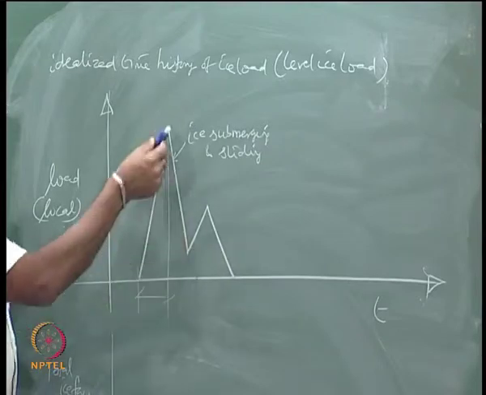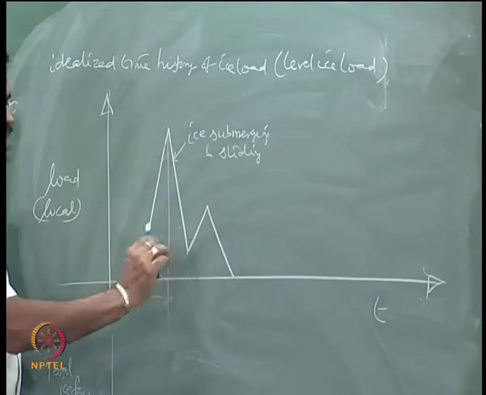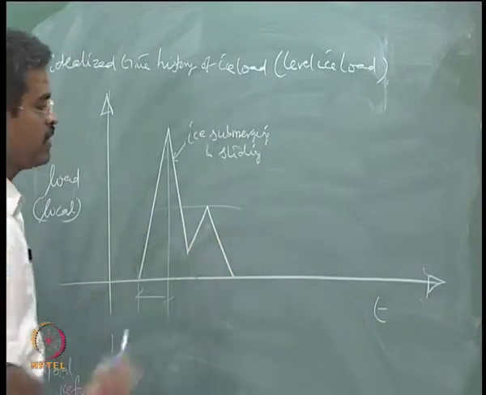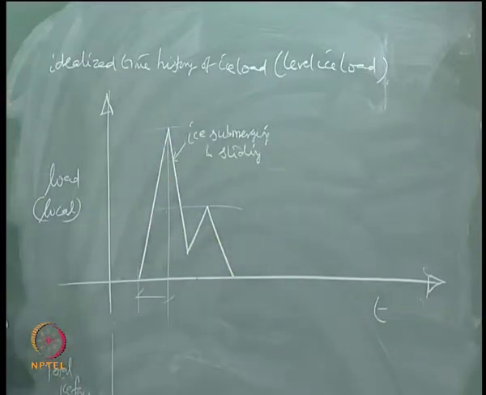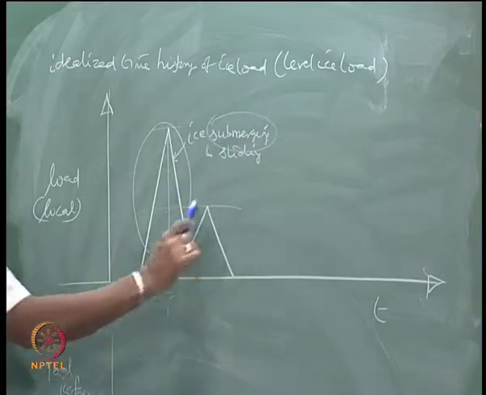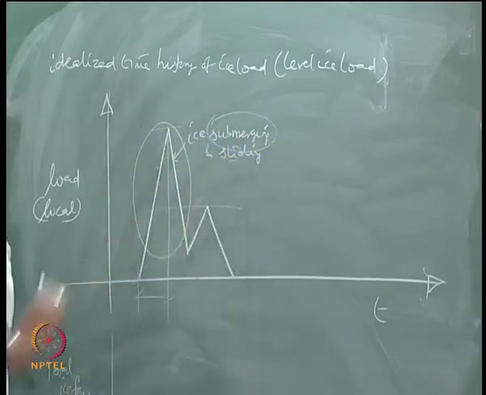Then as the load is released, the ice starts sliding, and that is creating another kind of force. Of course, the magnitude of the sliding is much lesser than that of submergence. So this part is mainly due to submergence of ice, this part is mainly due to sliding of ice.